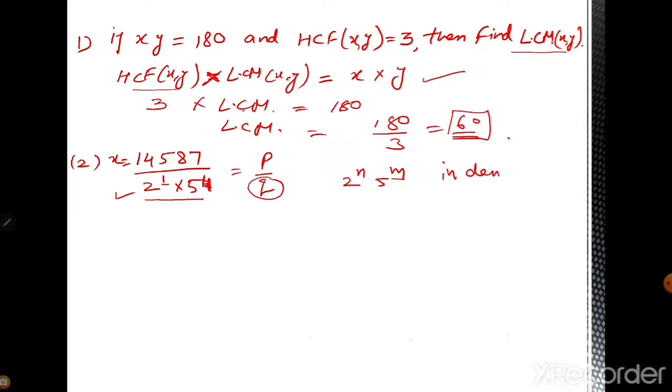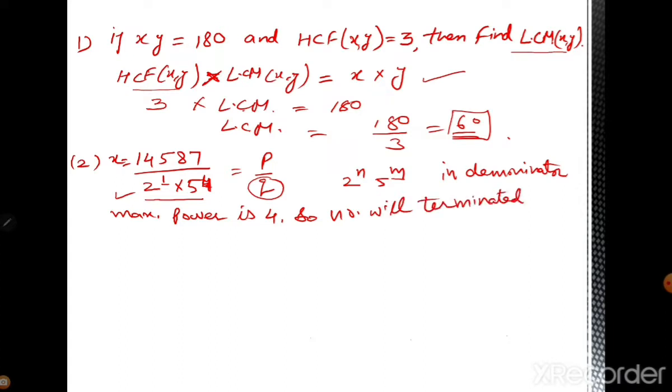In denominator, maximum power is 4. So the number will terminate after 4 decimal places, right?